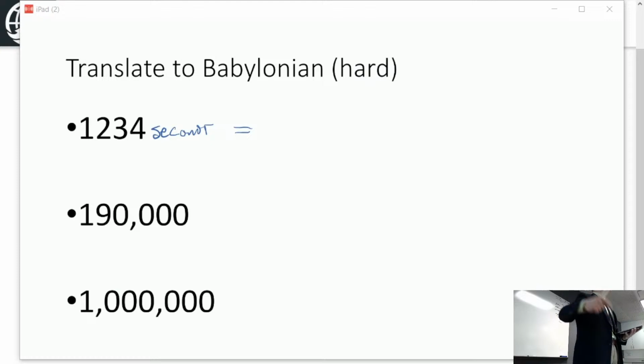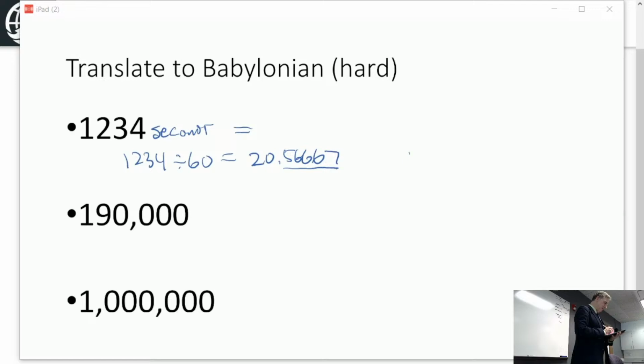So what I like doing is I just take that number and I repeatedly divide by 60. So I've got 1, 2, 3, 4 divided by 60, just to remind you of this. So 1, 2, 3, 4 divided by 60 is 20.5667. And then I take this 0.5667, multiply by 60, and I get, just a minute.